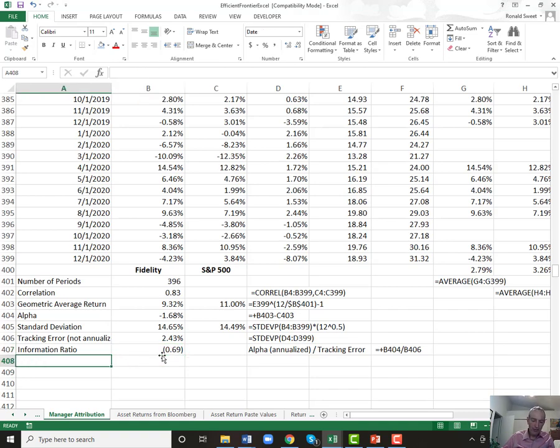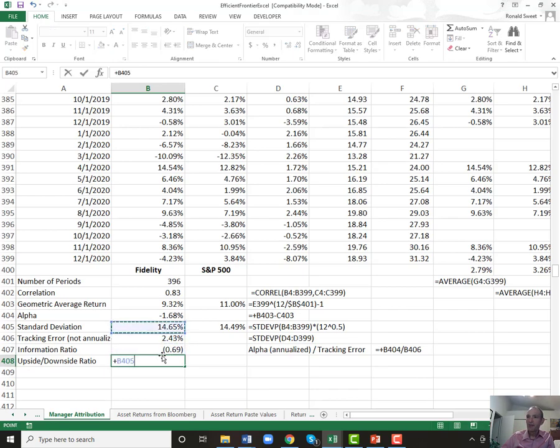So what are ratios that do work? Well, the upside downside ratio actually has shown to have some advantage to it. So how do you do that? You just take your average.